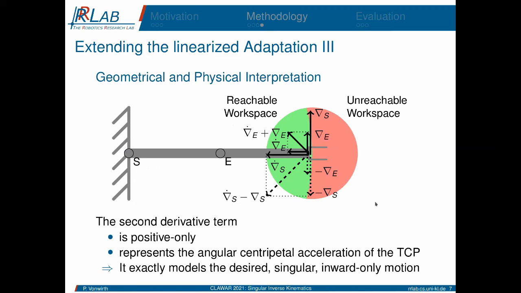As you remember, the velocity vectors of the two joints S and E are again in this right picture, and now the derivative of the Jacobian is also added as vectors, which are these vectors going at 45 degrees into the reachable workspace area.